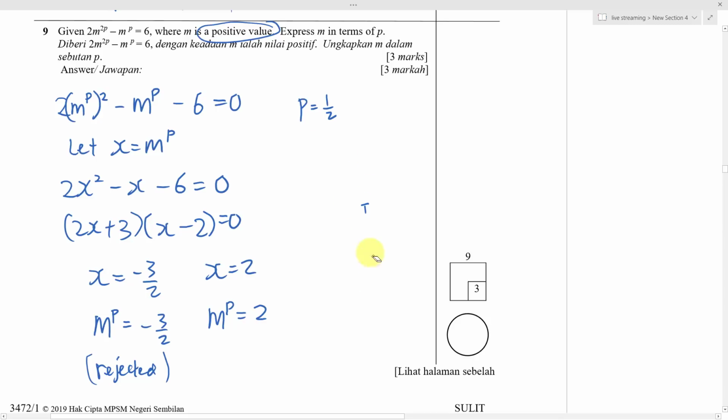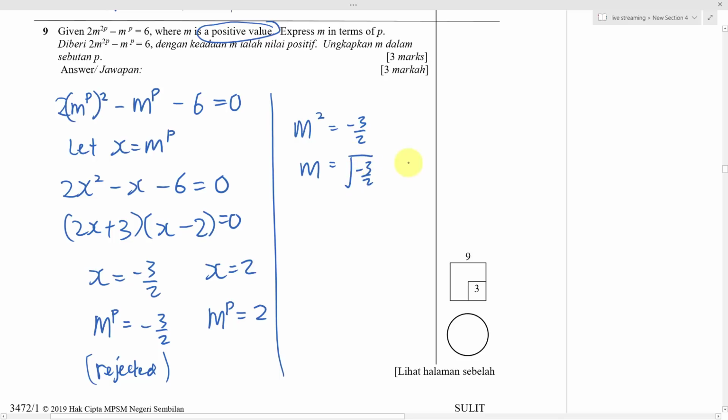But then maybe we will just reject it. Yeah, because I guess the rejection is based on a few reasons. Imagine if p is a square here, negative 3 over 2. Then the first thing is we cannot square root any negative value, we'll get math error, isn't it?